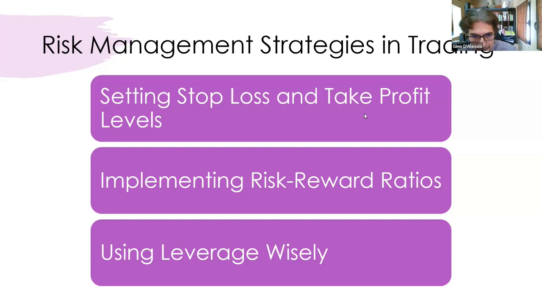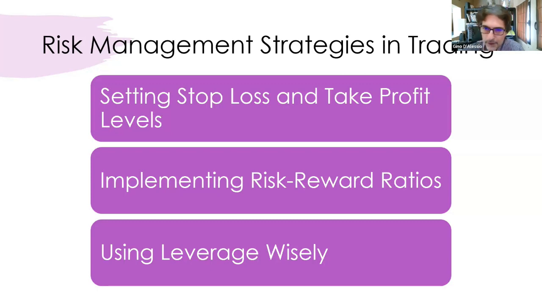So the stop loss and the take profit always have to be in line with implementing the risk reward ratios. As we mentioned before in the previous slides, the risk reward ratio and your average profit to loss ratio are very important because they will help improve your trading performance.